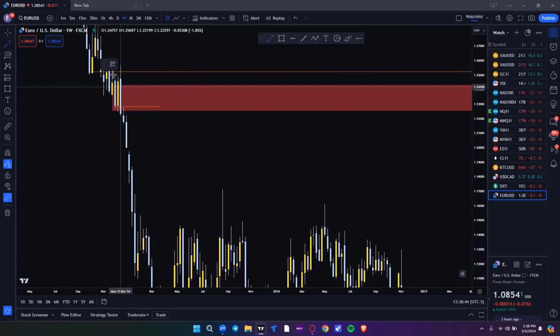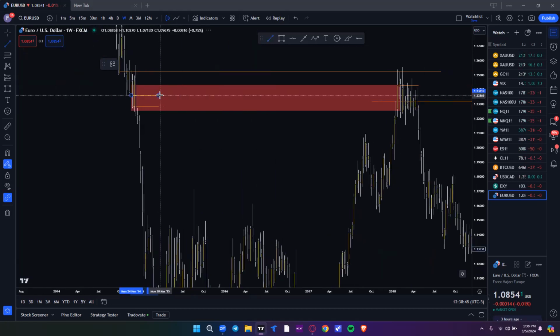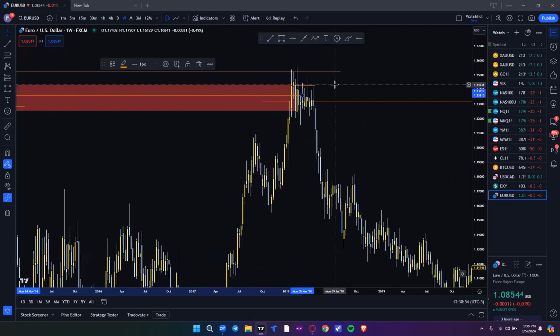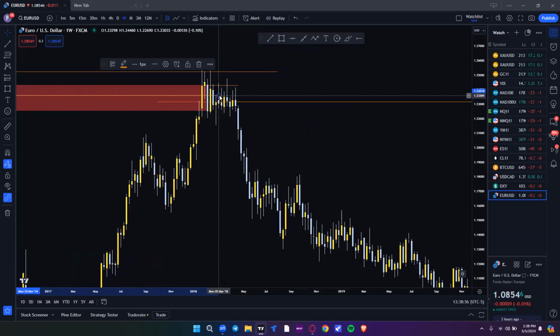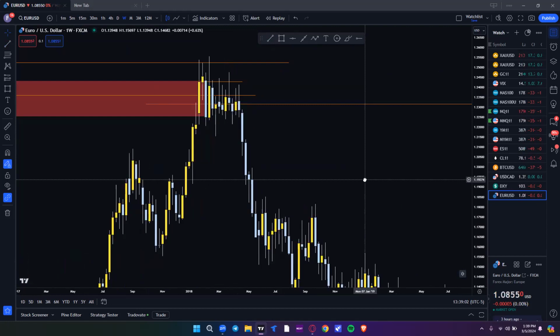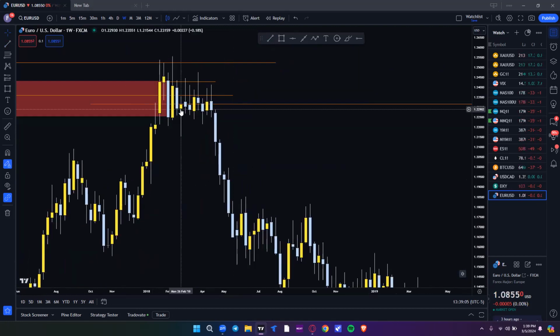It's a little bit messy. It's a very contracted bit, but if I draw these across, we can see price then using this level as resistance after the break. It's very messy, but still valid.